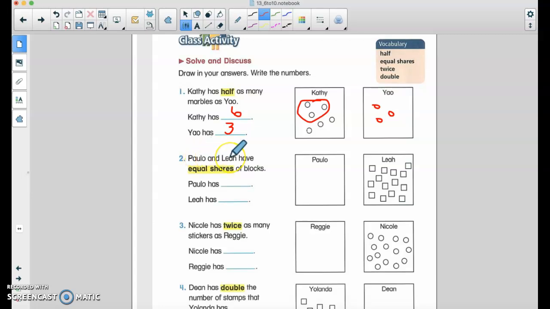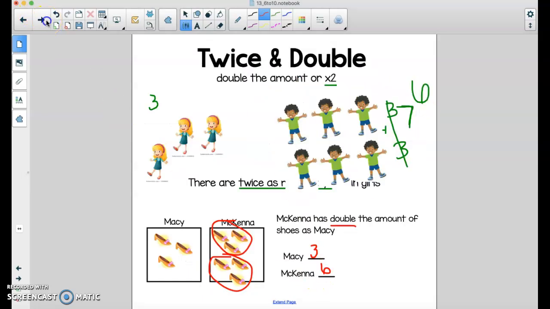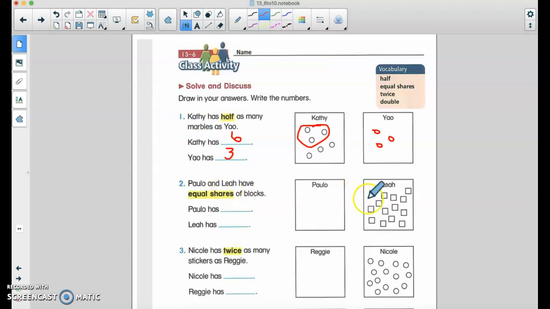Pablo and Leah have equal shares of blocks. Now you remember equal shares is just like saying that everybody gets the same exact amount. So when I go to equal shares, I have to count how many Leah has. 1, 2, 3, 4, 5, 6, 7, 8, 9, 10, 11, 12, 13, 14. Leah has 14.